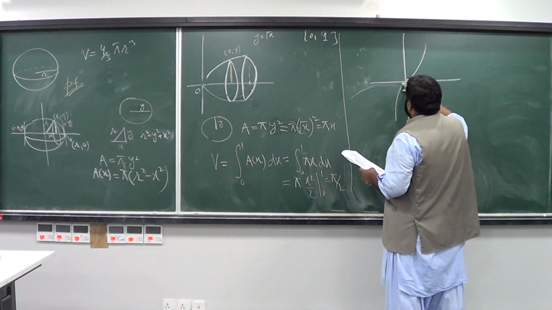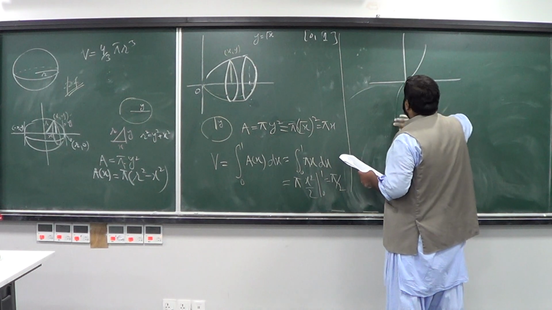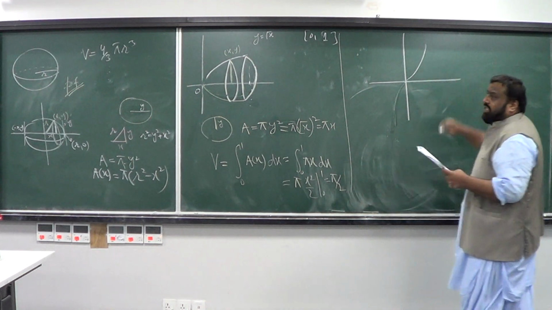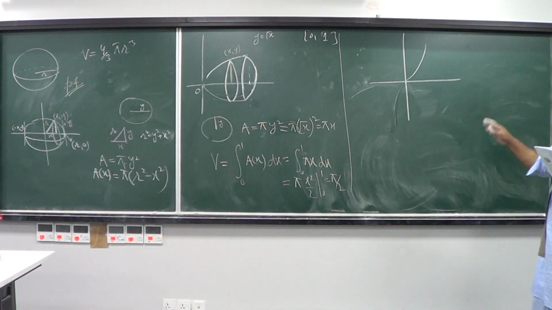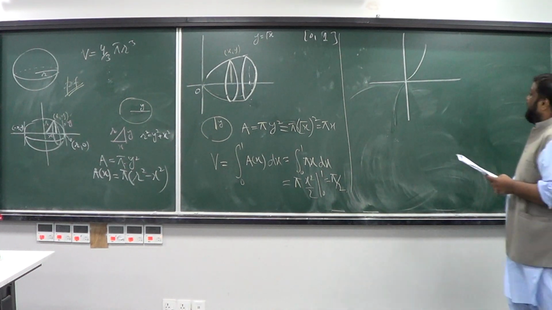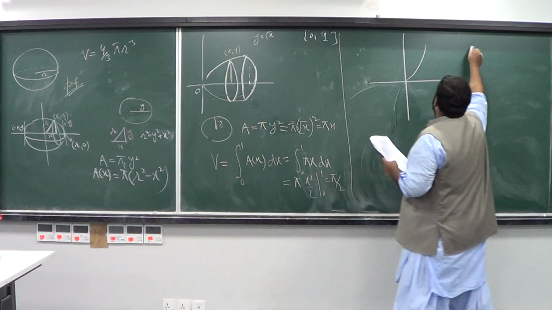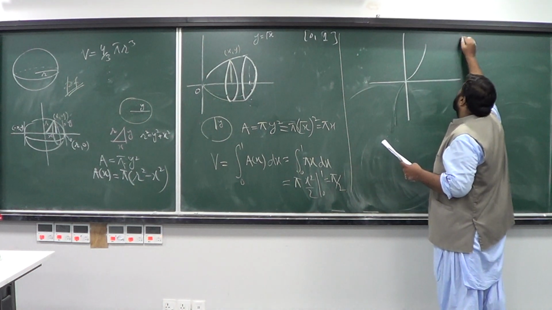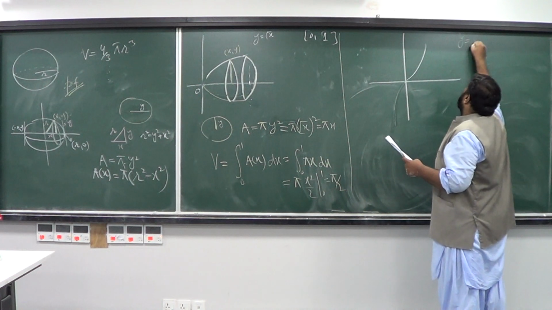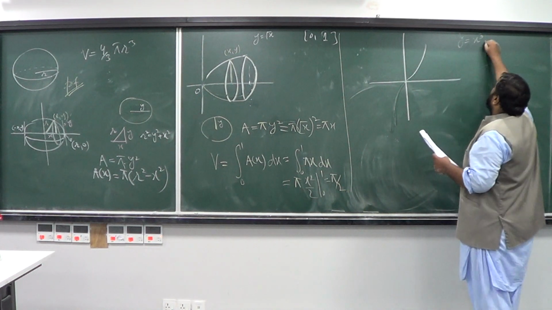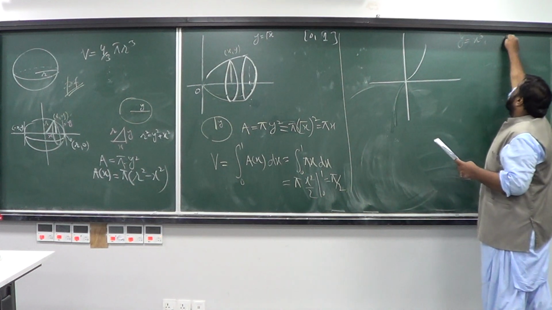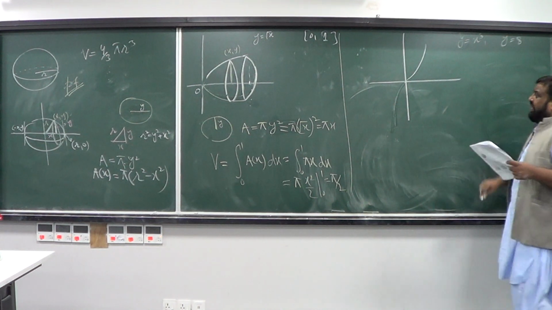Okay, but I have to consider only the graph of x cube in positive y-axis, in the first quadrant. And so we need to consider y equal to x cube. So I need to consider the region between y equal to x cube and y equal to 8 actually.